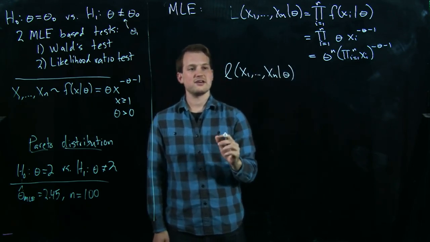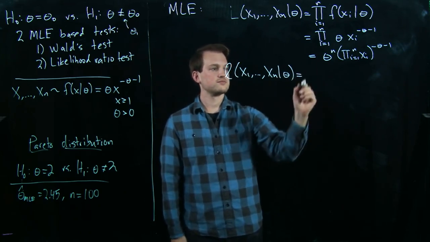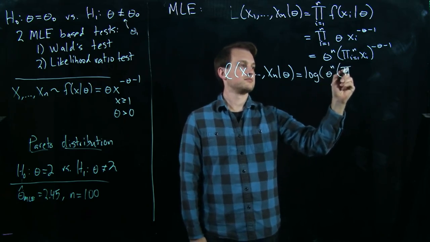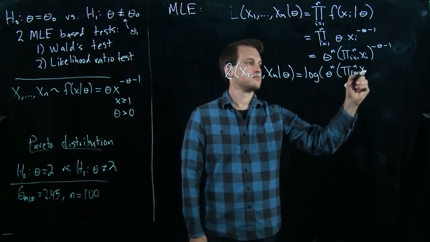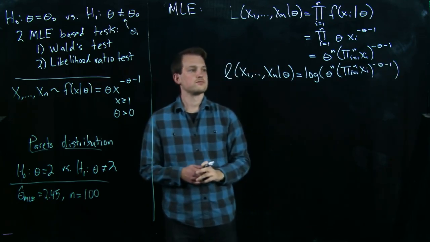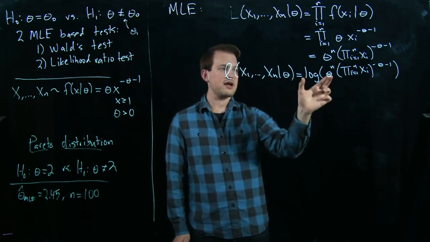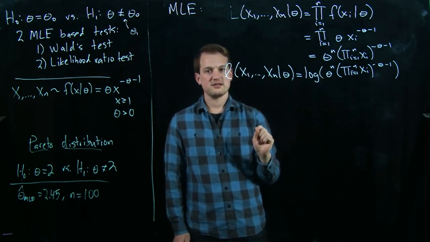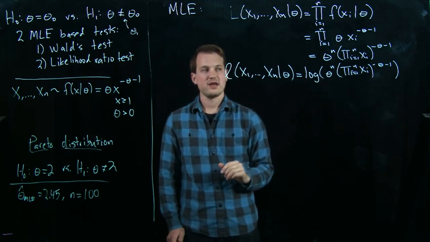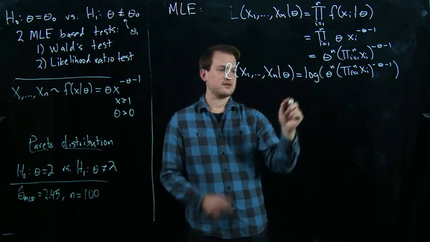So the log likelihood of x1 to xn given theta is just the log of this. And of course you can do things with logs like break it up over products, so we would have the log of theta to the n plus the log of the product to the minus theta minus 1. And then the log of something to a power will just bring the power outside of the log.